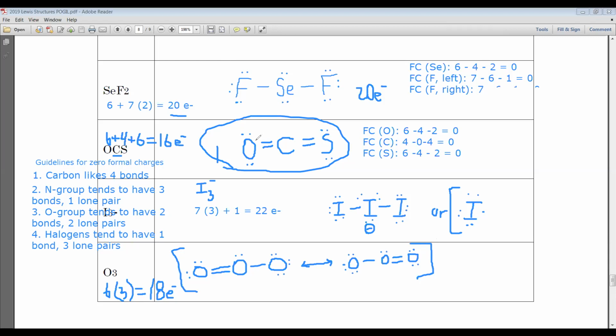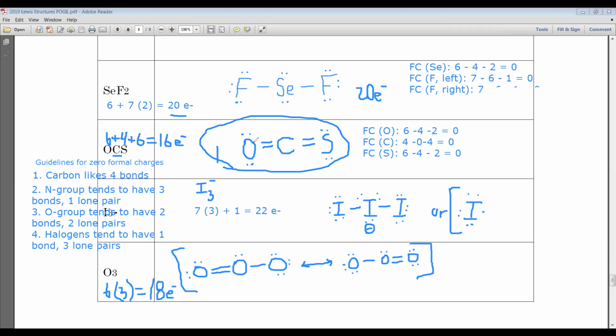Yeah. So, like I've been saying, the easiest way to go here is to start with that single bonded structure, count up how many electrons are in it, and that's going to give you a pretty good indication about what you need to do next. If your single bonded structure has too many electrons in it, you've got to start cashing in extra bonds.